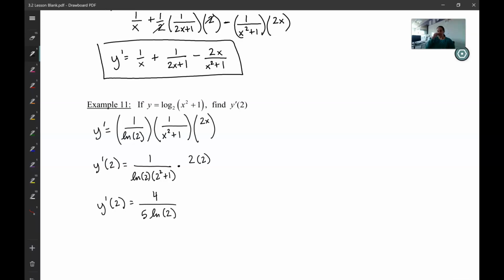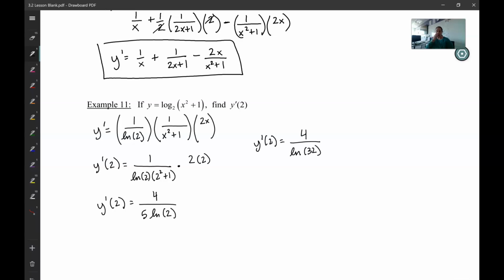Now, the reason I'm simplifying this out is to show you if this is a multiple choice example, your answer could be 4 over ln of 32. And that would be right. If this is a free response, you're good to leave it, you're done. If it's multiple choice, you would need to manipulate it a little bit more to get to this point.